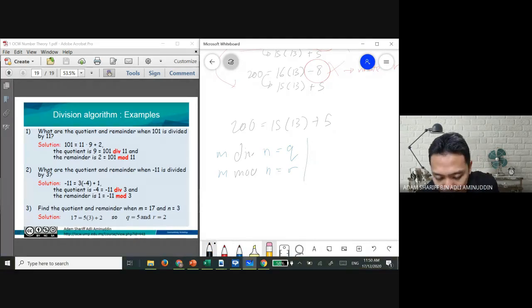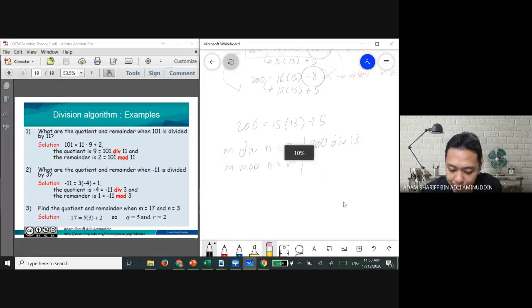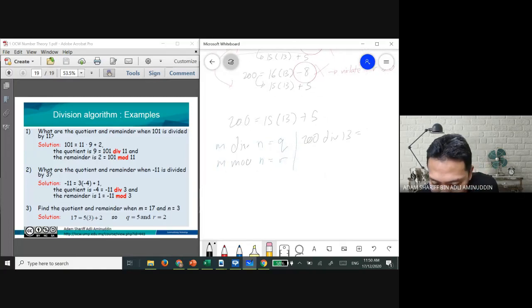In this example, 200 div 13 berapa? Ialah kamu akan melaporkan quotient dia 15. 200 mod 13, you will get the remainder.